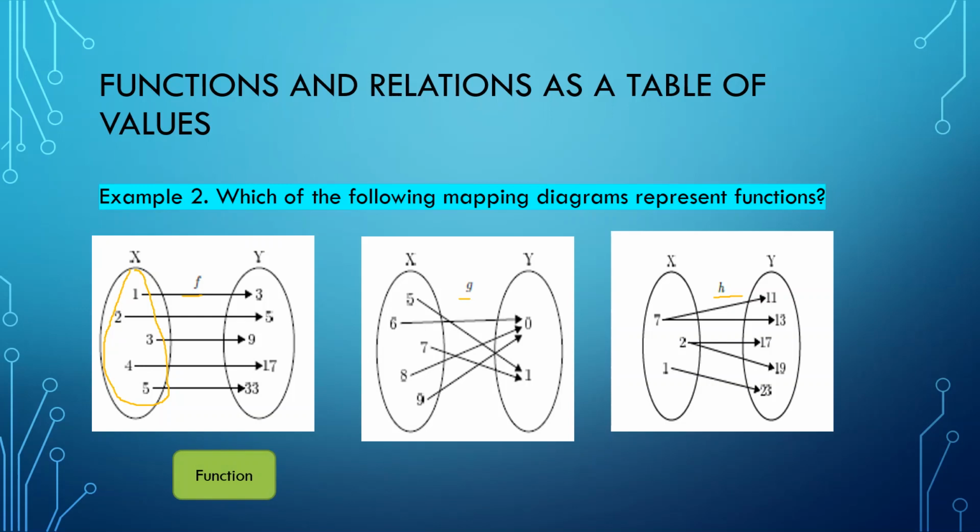For G, we have the x values 5, 6, 7, 8, and each has a corresponding y value, which is 0 and 1. Is this a function or not? Again, this is a function. Why?